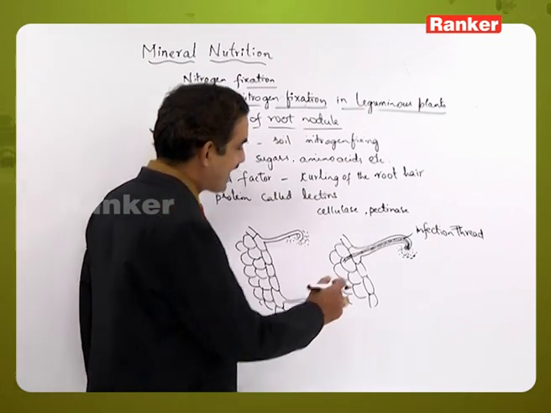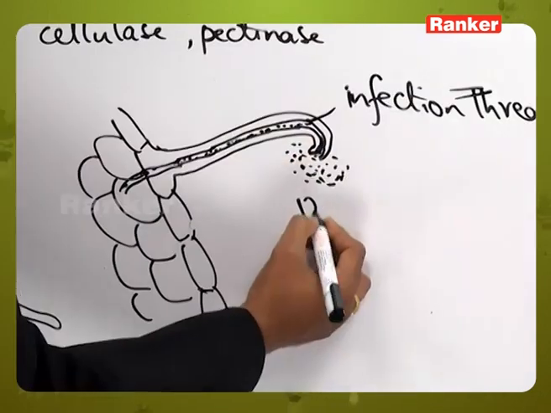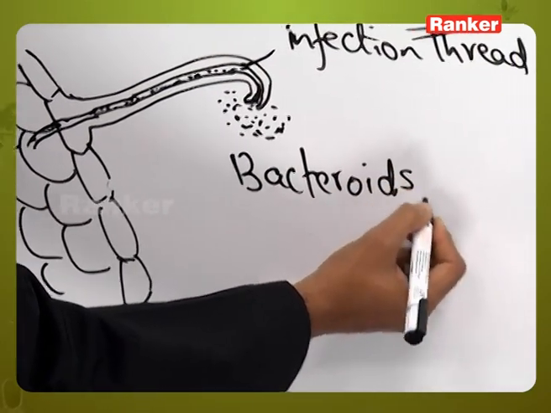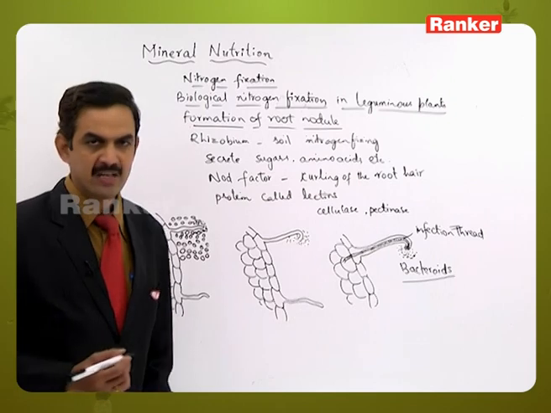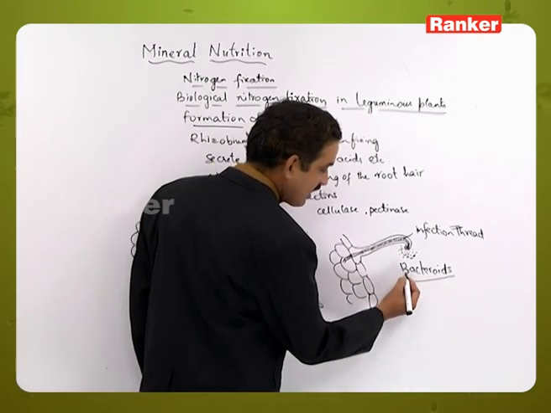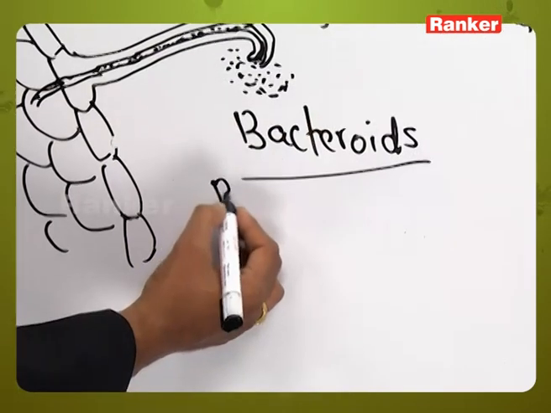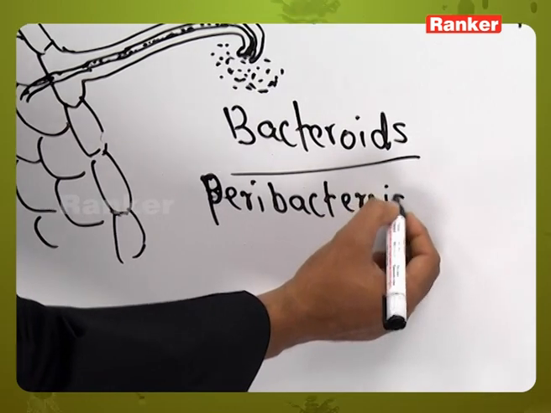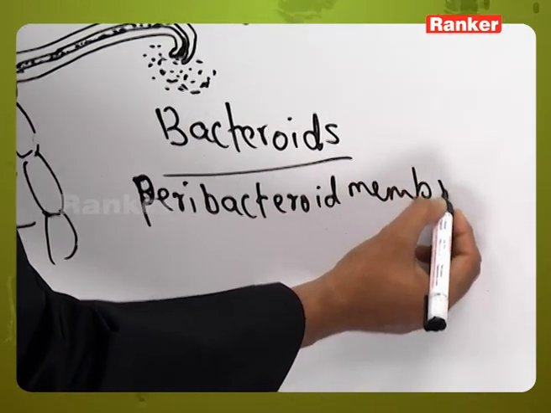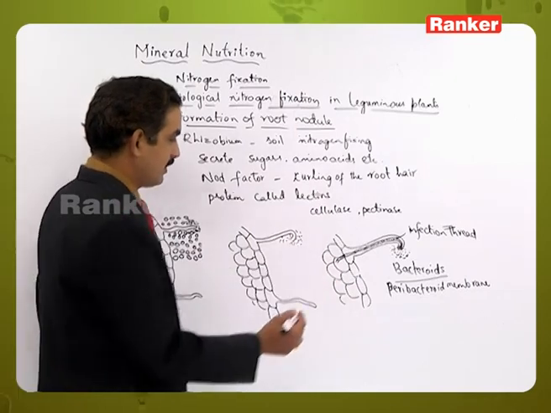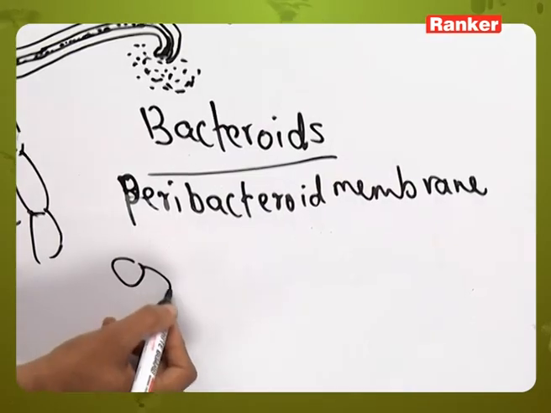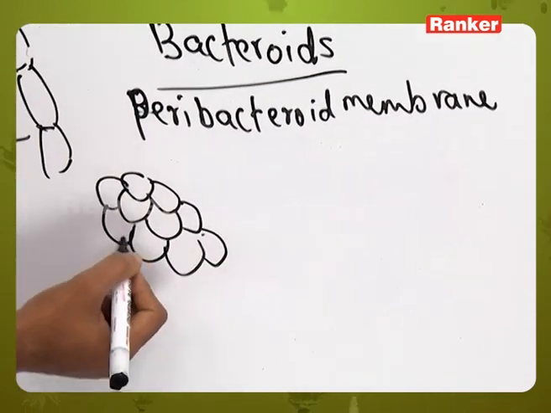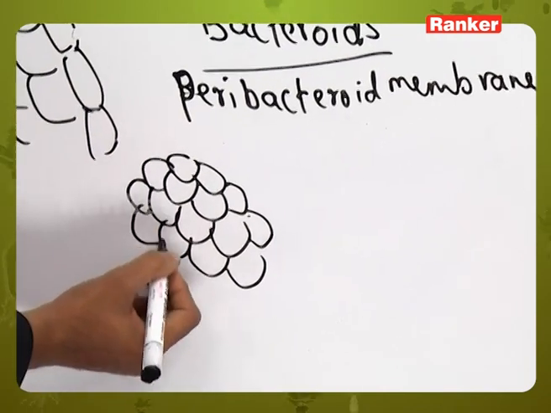All the bacteria which have entered here are called bacteroids. All the bacteria now present in the nodule are called bacteroids, and these bacteroids are surrounded by a membrane called the peribacteroid membrane. From outside, the nodule appears like a brown-colored swollen structure coming out from the root.